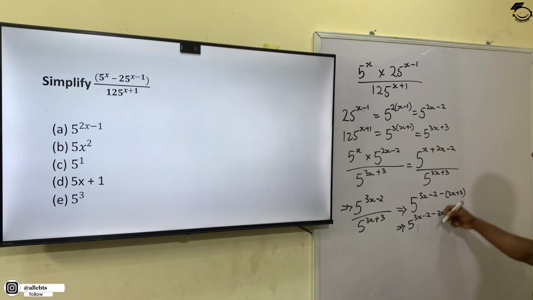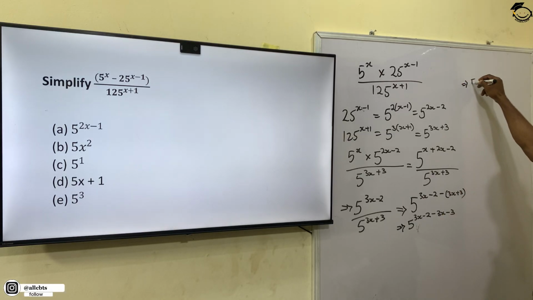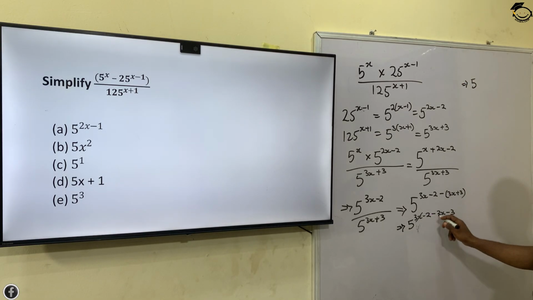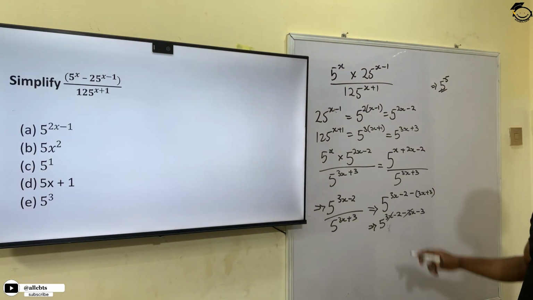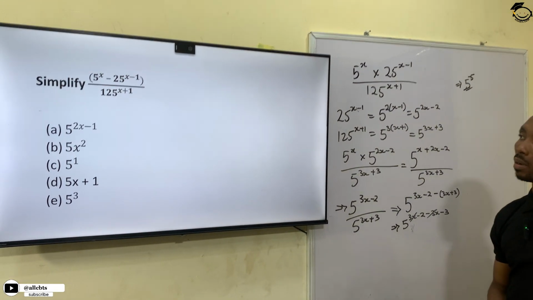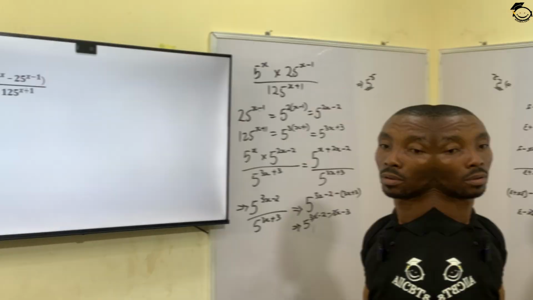From here, we cancel 3x, leaving us with 5 raised to the power minus 5. So our answer would be 5 raised to the power minus 5.